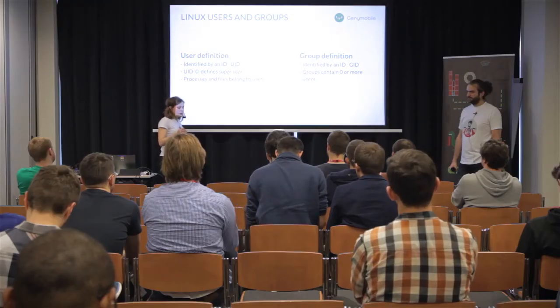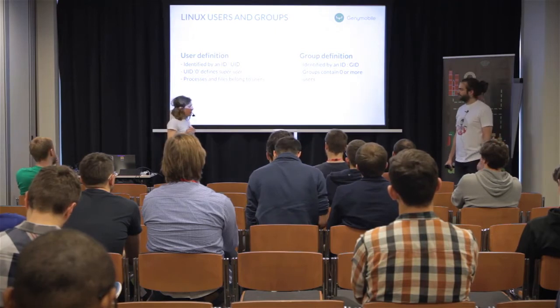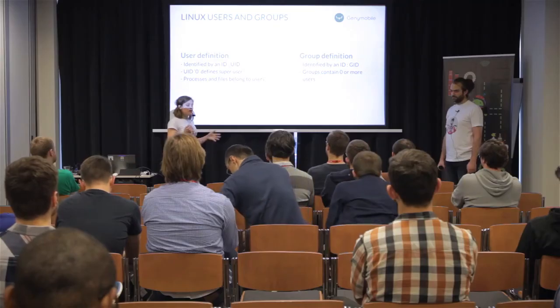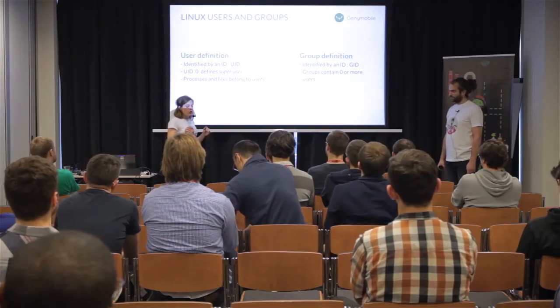All the processes and files are strongly attached to the user. And the user cannot exist like that. It needs to belong to at least one group. Also, a group is identified by a numerical ID, a GID, and a group may contain no user or as many, but the user needs to belong to at least one group.